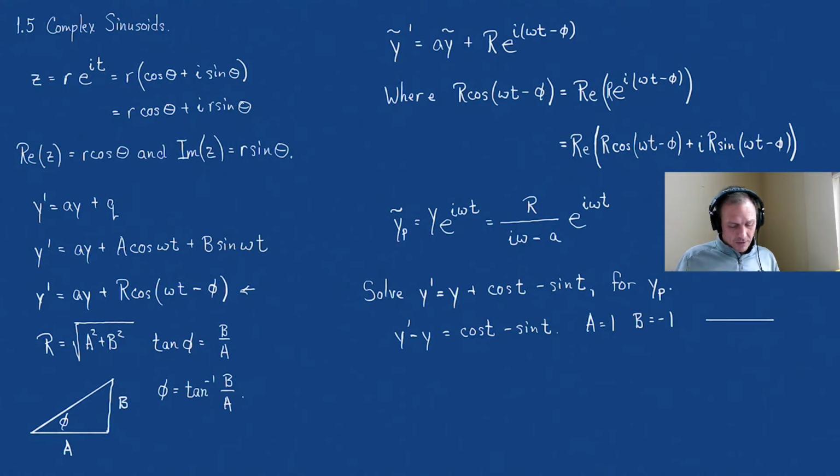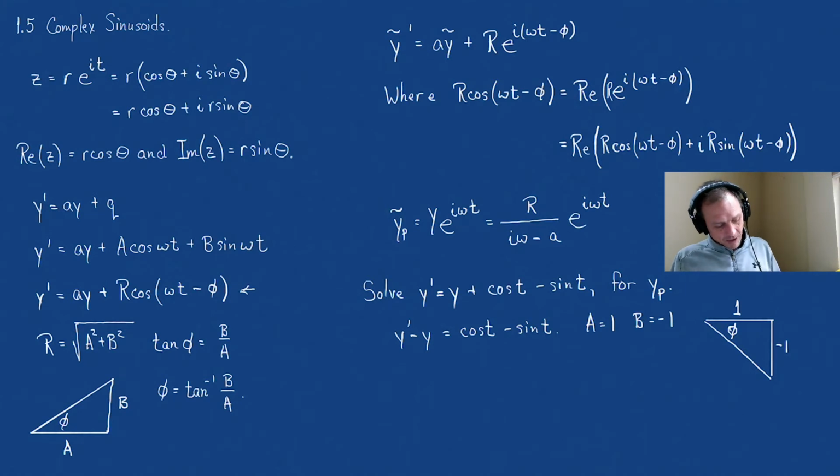And my vertical component is b. So I did not draw it exactly to scale, but pretty close. So here's 1, here's negative 1. This is my angle phi inside of there.